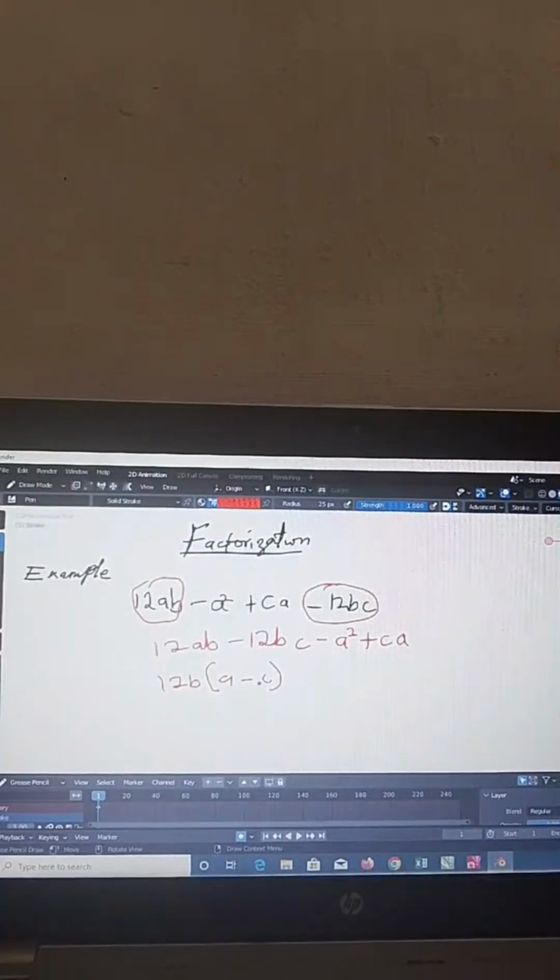You see, I've removed 12b. Then here, what is common? Minus a is common. You know, minus times minus is equal to plus. So if I remove the minus a, I'm going to have a plus a minus c. I hope you're following.